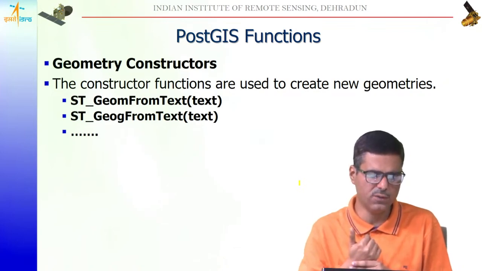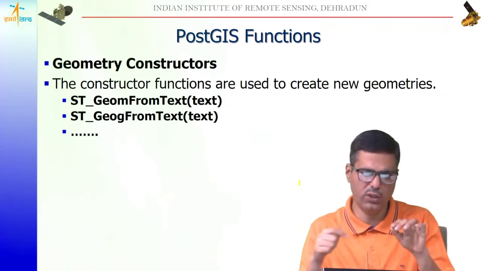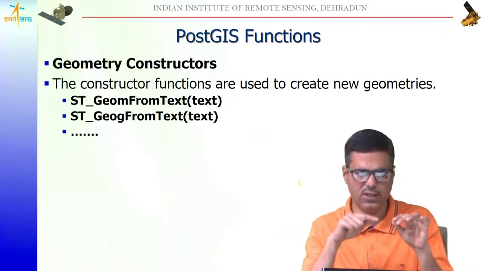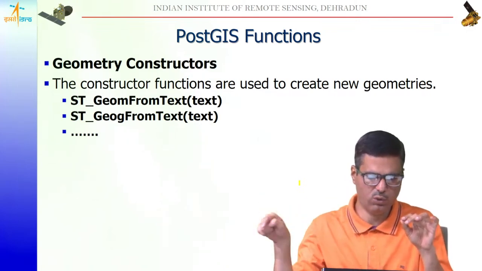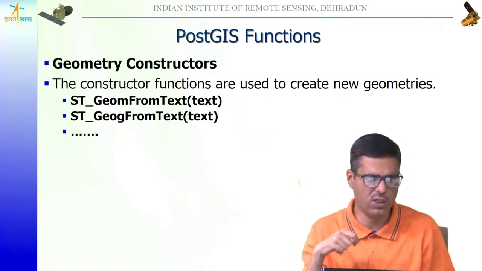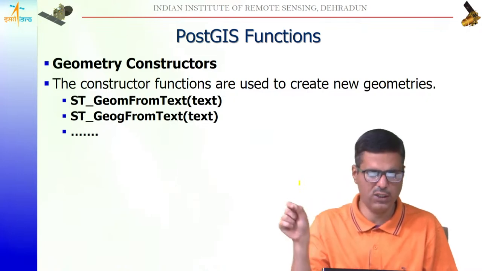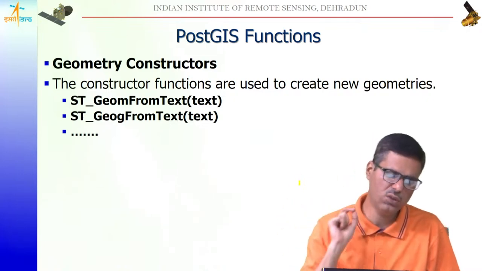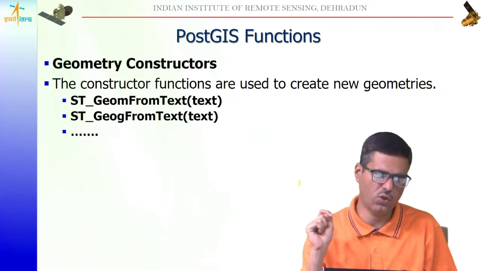The objective is to take a textual representation of geometry, that could be a point with longitude, latitude or x and y, or a line with point 1, point 2, point 3, point 4, or a polygon, again with the first point and the last point the same, in a well-known text format, and convert it into the actual geometry which is stored in the form of hexadecimal.